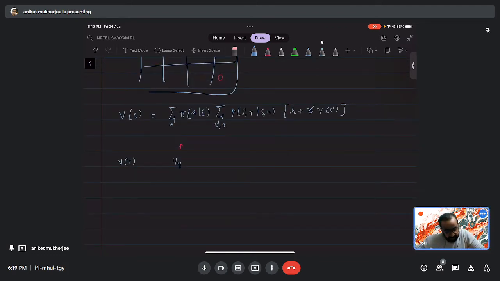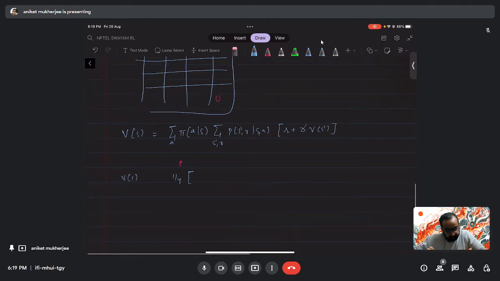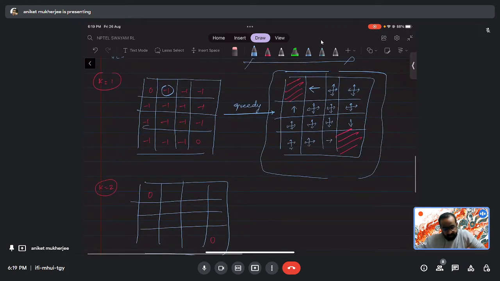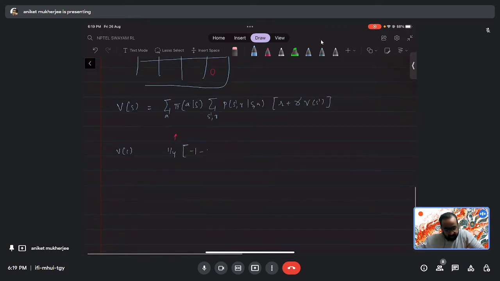Now where do I end up if I take the up action? The same state, with probability 1, so I'm not writing the 1 again. I get -1 reward, gamma is 1, and now my V(s prime) is -1. So -1 plus 1/4. Suppose now I take left.